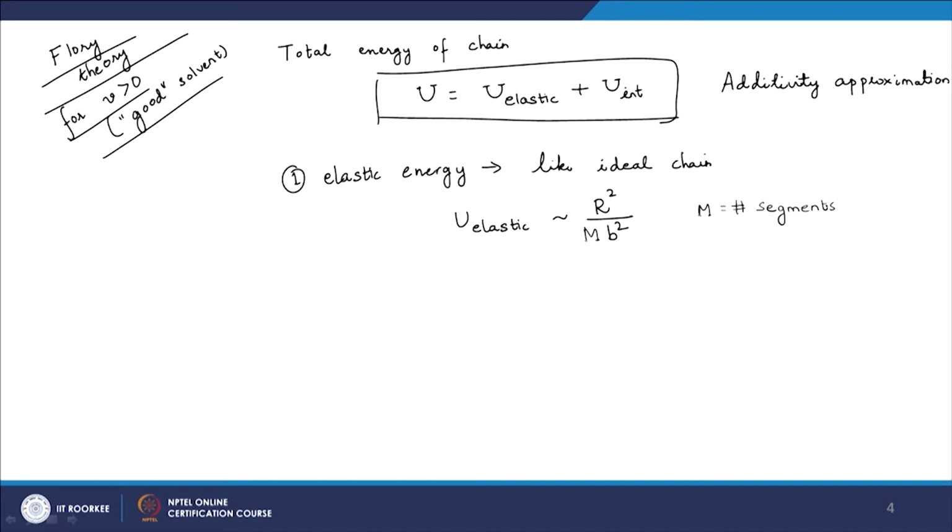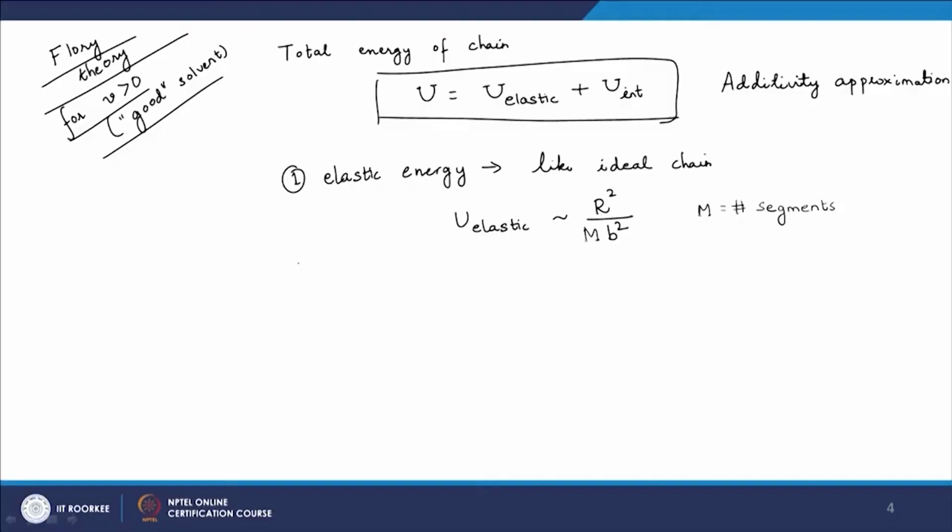So, although the chain has a non-bonded interaction, we still think of it as having the elastic energy component of an ideal chain, and then separately we look at the excluded volume interaction.